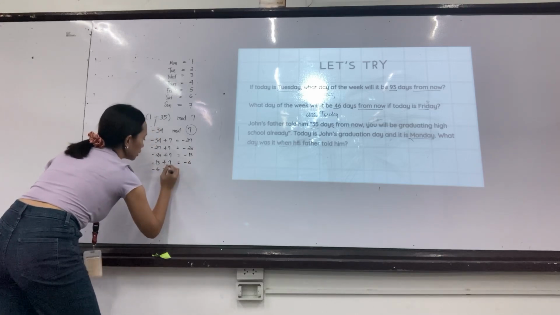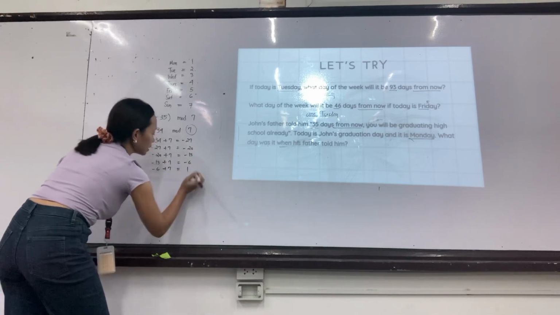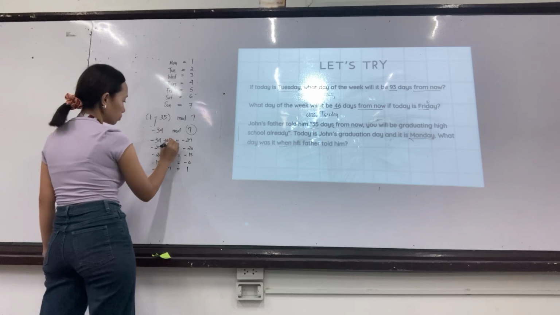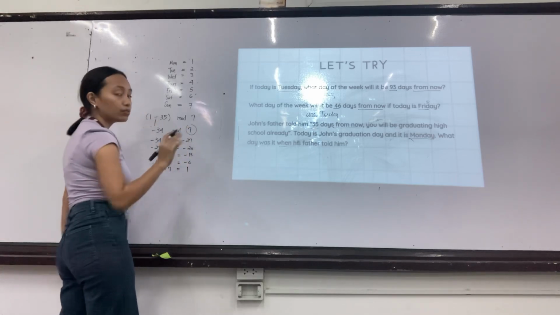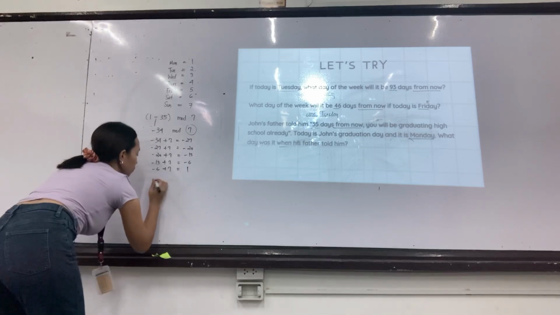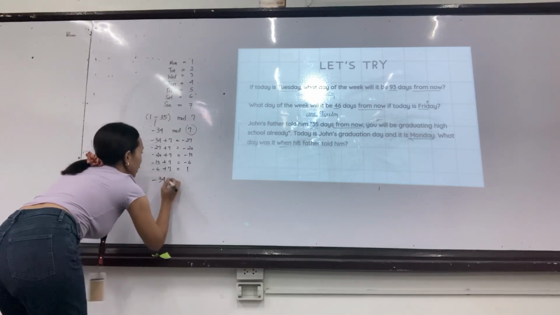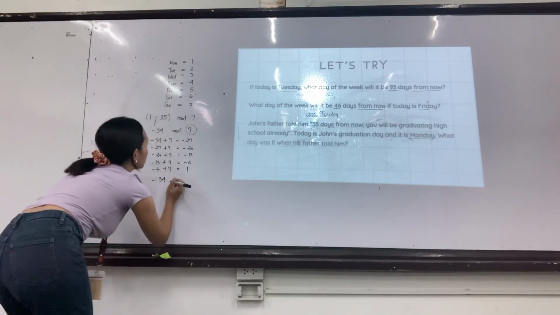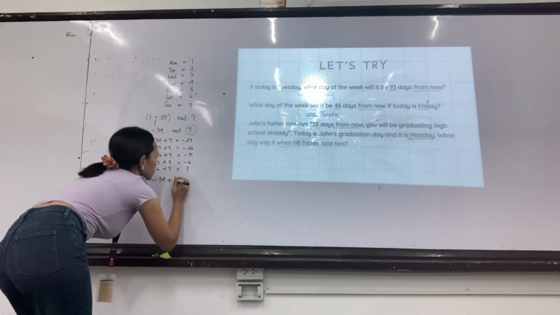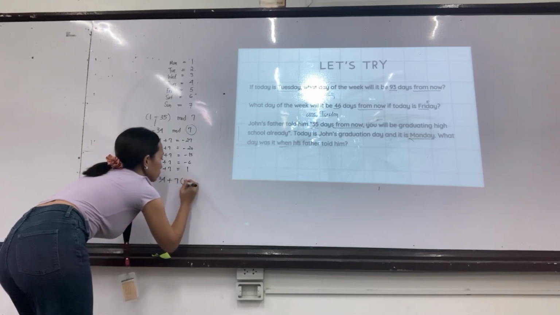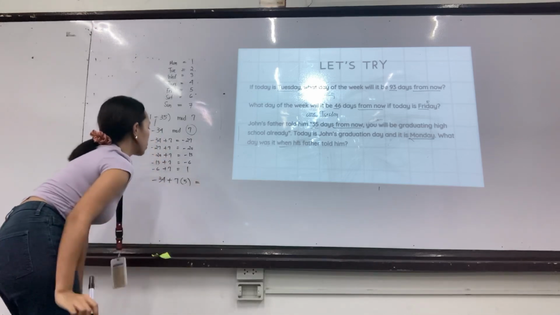And then negative 6 plus 7 is equal to positive 1. So we used 1, 2, 3, 4, 5 sevens. Since we used 5 sevens, we can write it like this: negative 34 plus 7 times 5 is equal to 1.